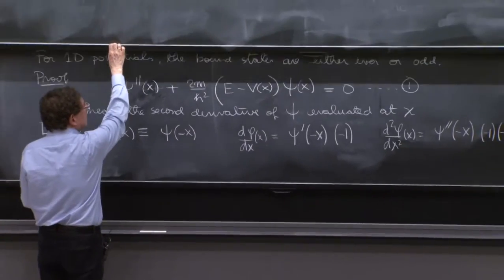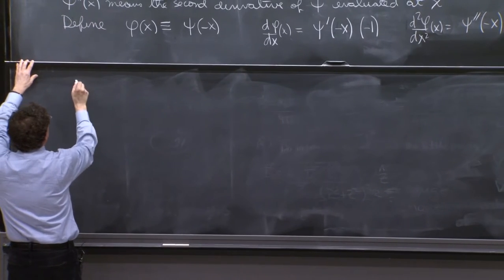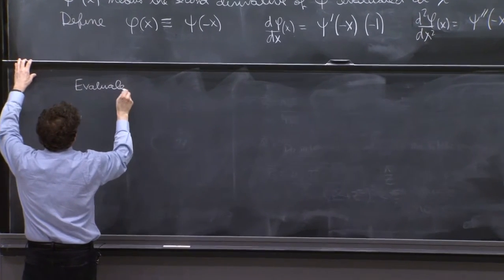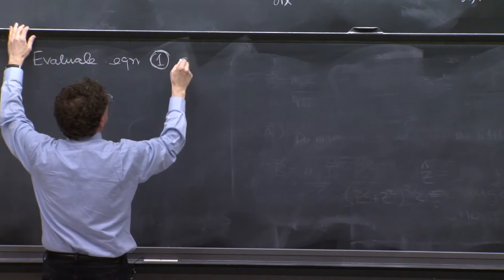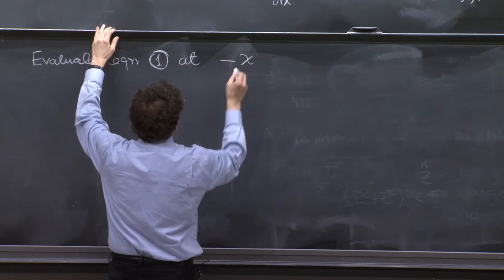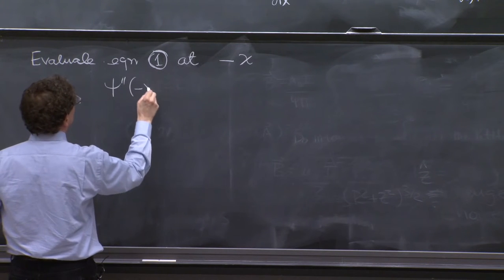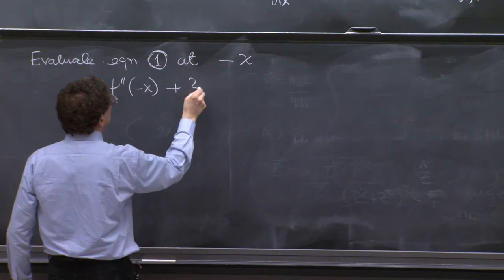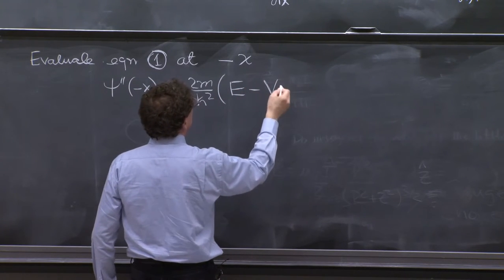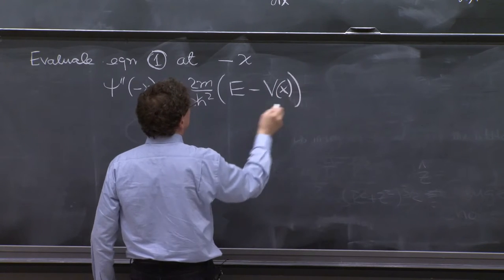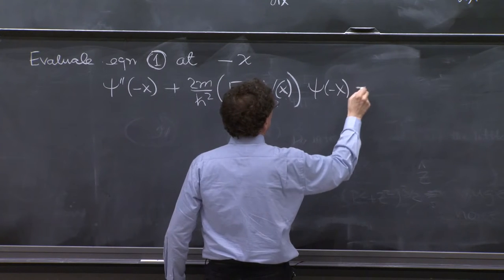Now, evaluate equation 1 at minus x. Well, it will be the second derivative of psi evaluated at minus x plus 2m over h squared, E minus V at minus x, but that's the same as V of x, psi at minus x equals 0.